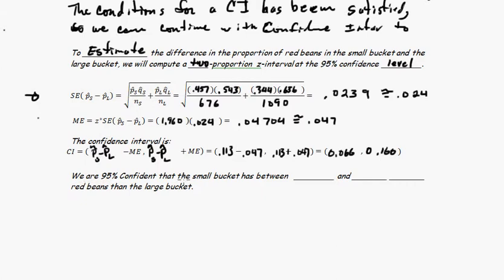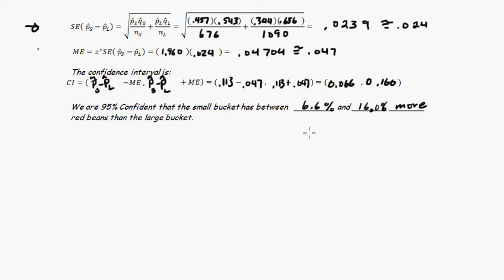So we are 95% confident that the small bucket has between 6.6% and 16.0% more red beans than the large bucket. Notice that 0 is not in the confidence interval.